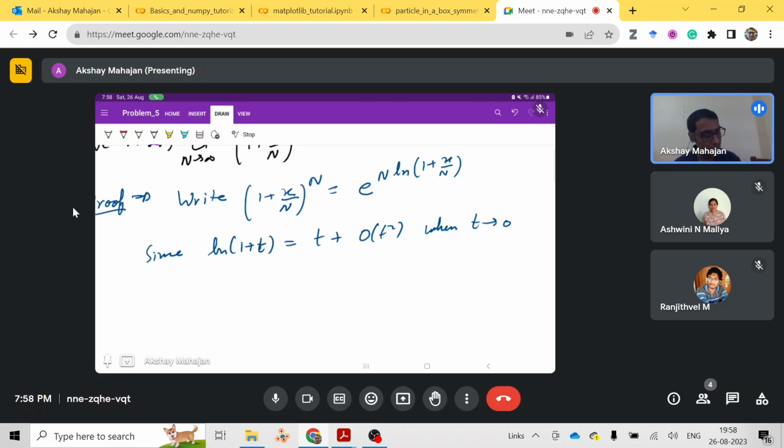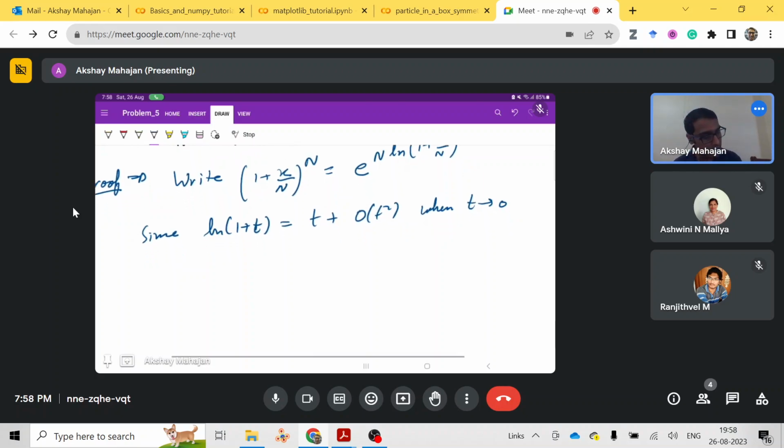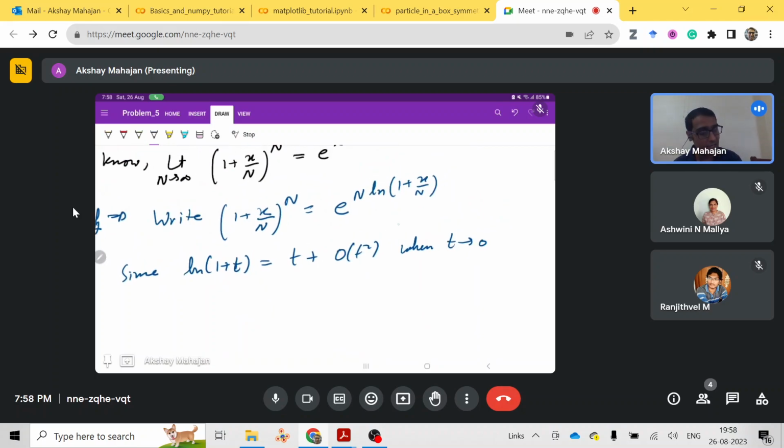So it is linear around t, and we can see that our t could be x by n, and as n is tending towards infinity, x by n is also tending towards 0.